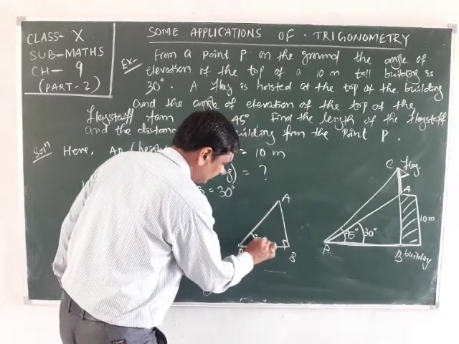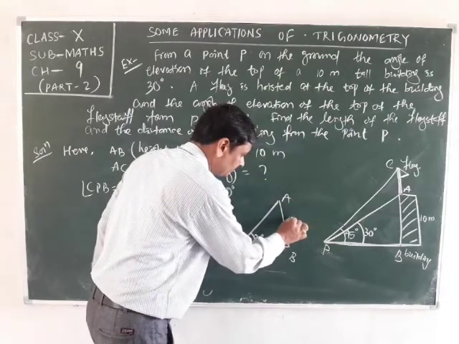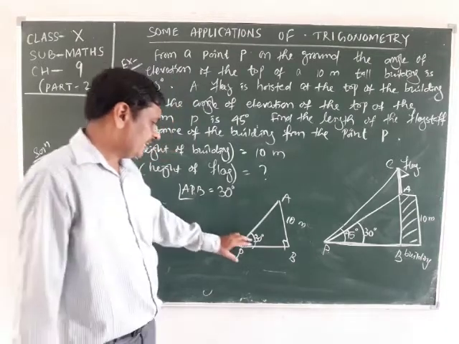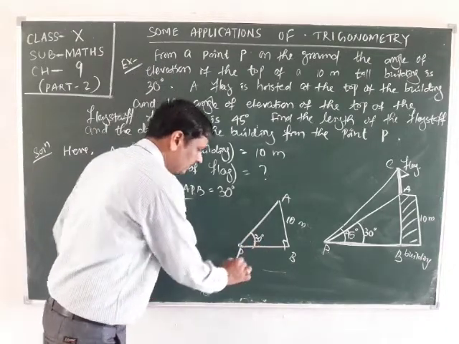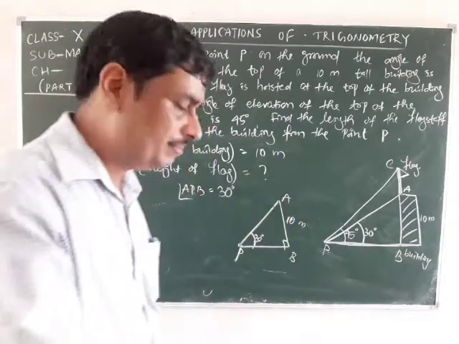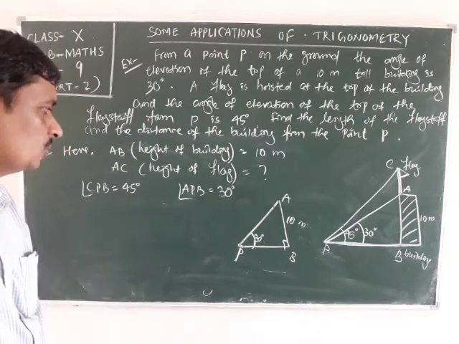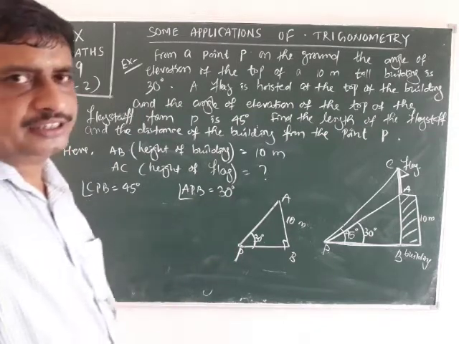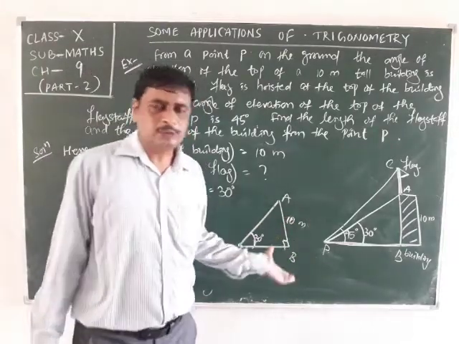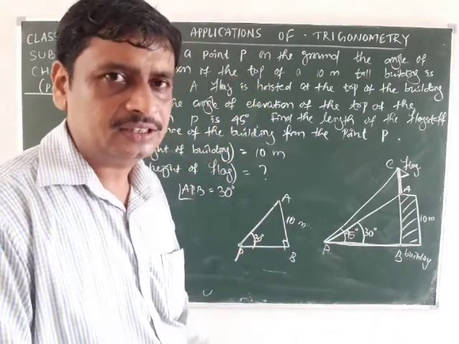This angle is 30 degrees. AB is given as 10 meters. We can find BP here. If we take angle P as theta, then AB becomes its opposite side, whereas BP becomes its adjacent side. So we can use either tan theta or cot theta, that is opposite by adjacent. By using one of these trigonometric ratios, we can relate these two sides and find the one which is not given.